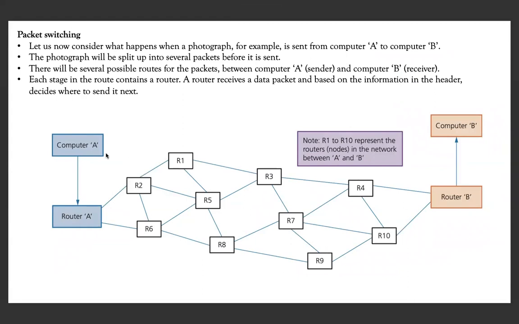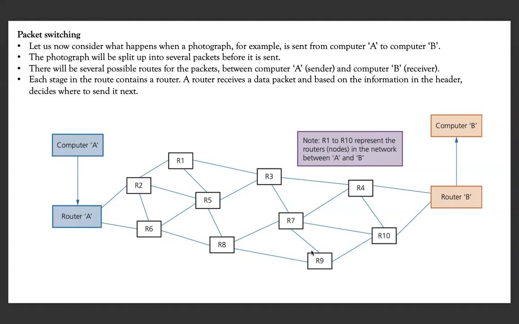Now, let's just imagine I'm sending an image from my computer. That image is divided into several chunks, and those packets are forwarded from this router to this whole network over here. Each packet has its own header, and the header contains the addressing information, which is the IP addresses of the sender and the receiver.